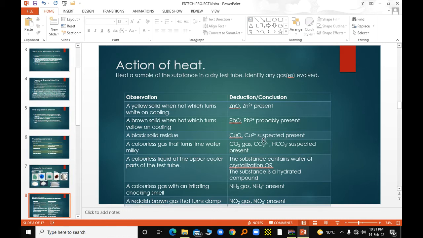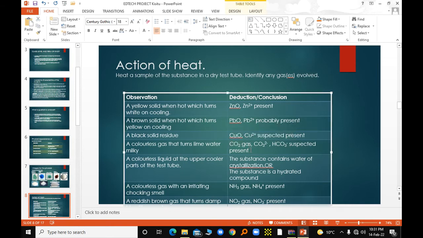A colorless gas that turns lime water milky: you first say what the gas is. That is carbon dioxide. Then which ions bring about that gas? It is carbonate ions and hydrogen carbonate ions.